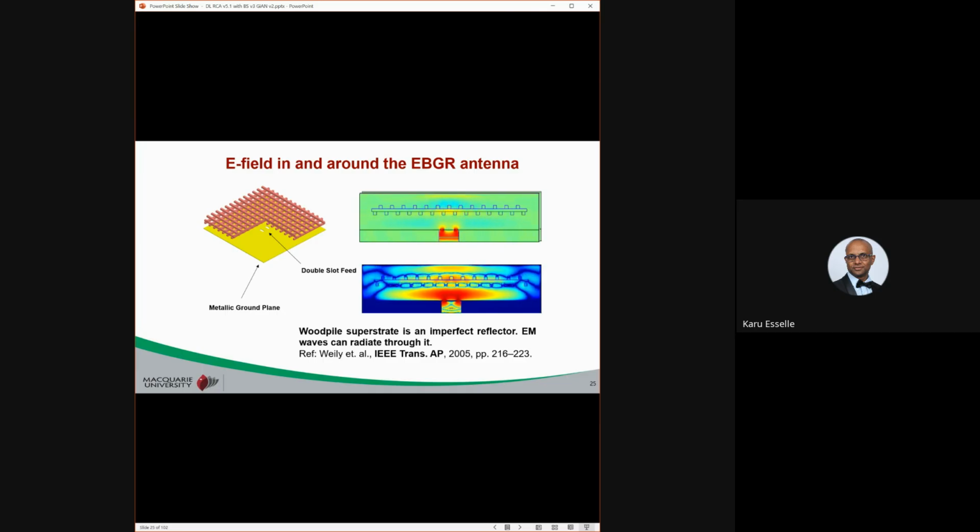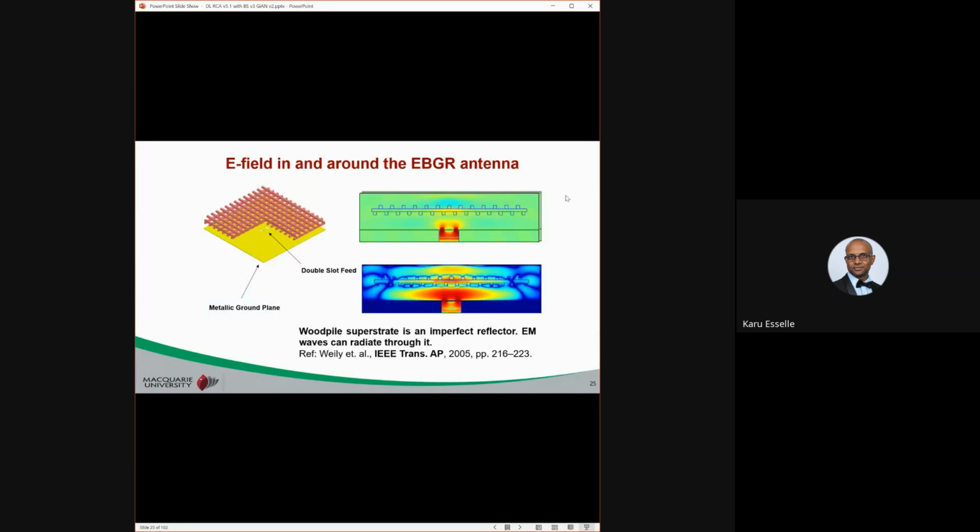electromagnetic wave, the microwave coming through the waveguide, coupled to the cavity through the 2 apertures, 2 slits, and the cavity resonates, right? The cavity resonates here, and some energy the cavity radiates through this partial reflecting surface.